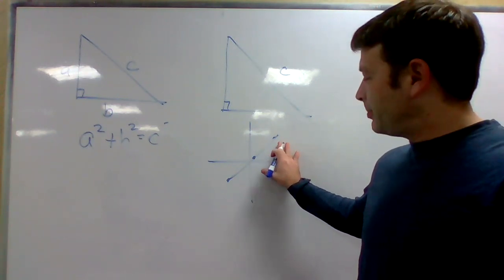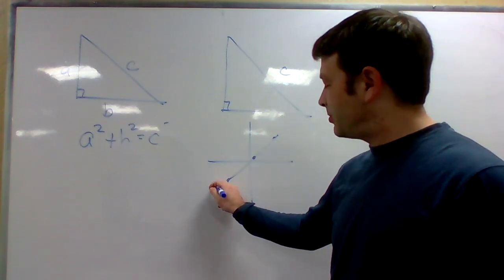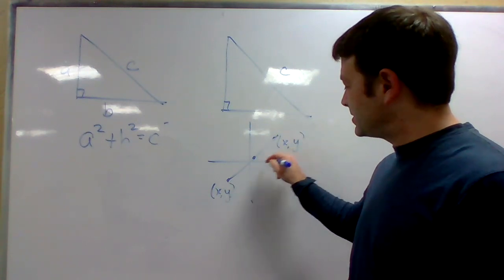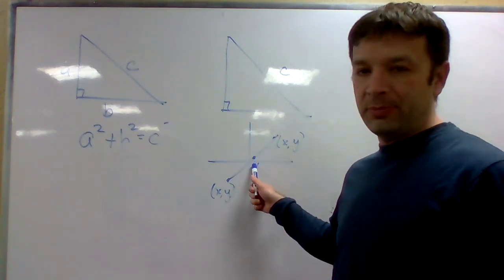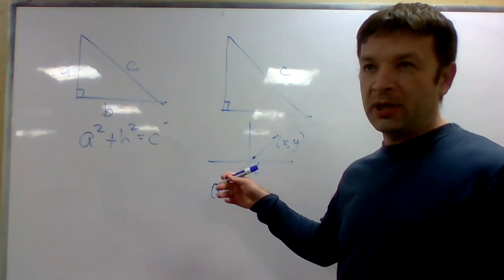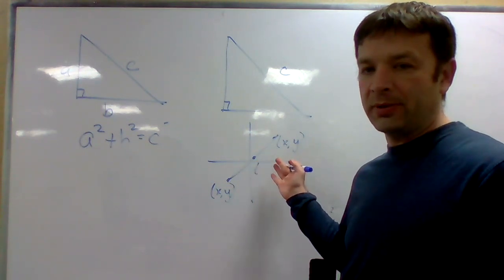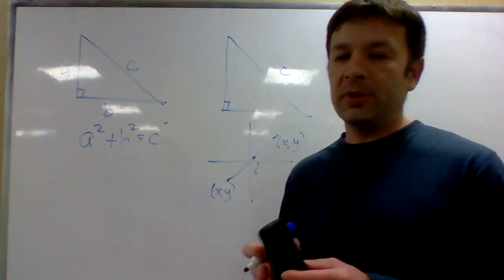Basically how it works is this has an x and y coordinate, this has an x and y coordinate, this has an x and y coordinate. The x and y coordinate of the point in the middle is just going to be the average of the x coordinates and the average of the y coordinates. Kind of makes sense if you understand what average does. It just finds a number in the middle.